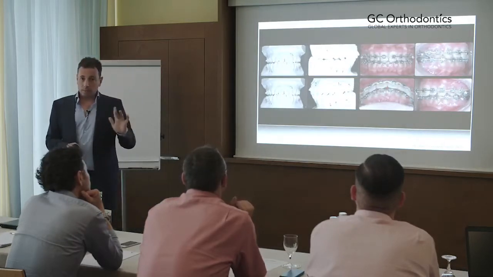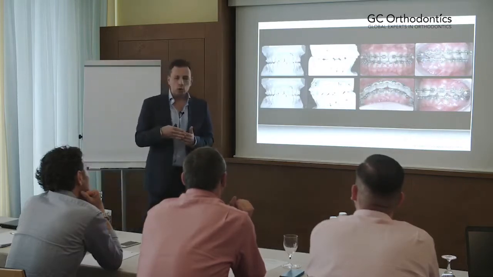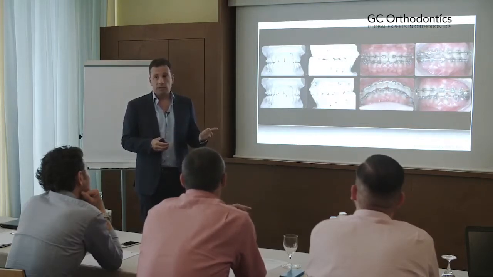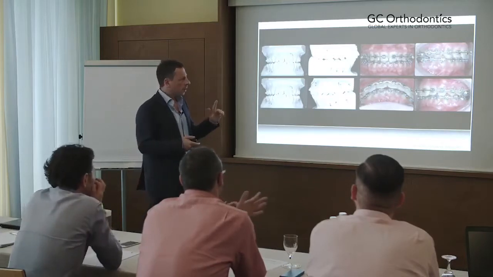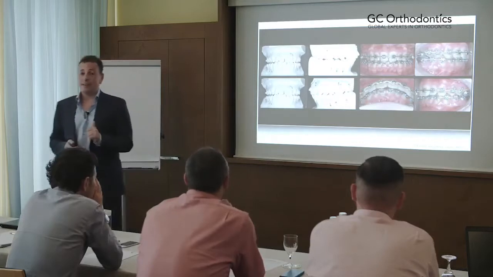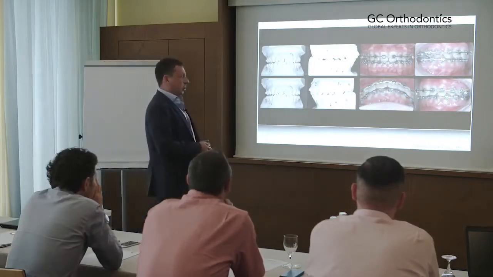This problem happens if you try to achieve a good amount of overbite. If you close your patient with 0 mm of overbite, you will never have this, but you will also have a lot of instability. If you do this, you will have this problem if you use self-ligating brackets. With non-self-ligating brackets, we didn't have this problem.